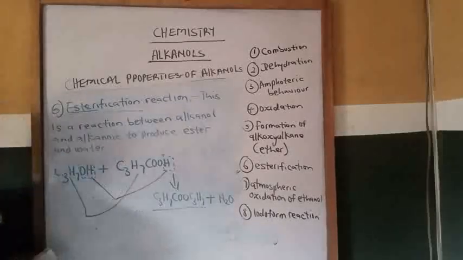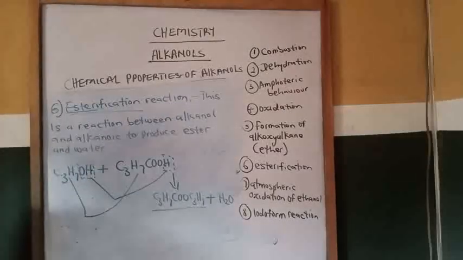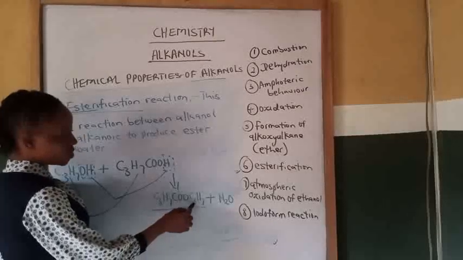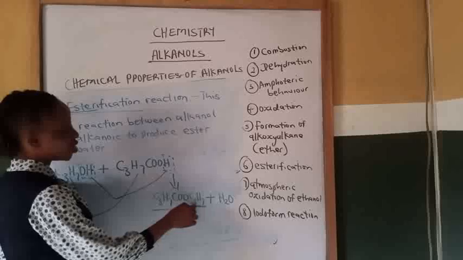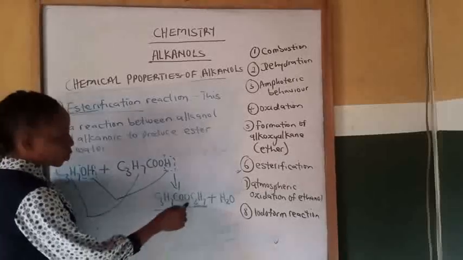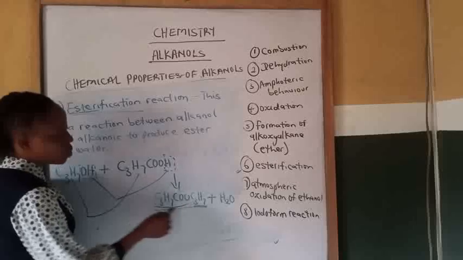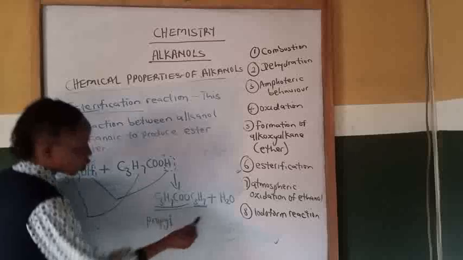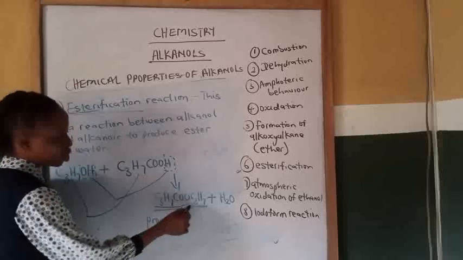So we have produced another member of ester. What will be the name of this product? C3H7 is the third member of the alkyl group. That is propyl. Then this is our root hydrocarbon. We call this propyl, because we always name from the back to the front.